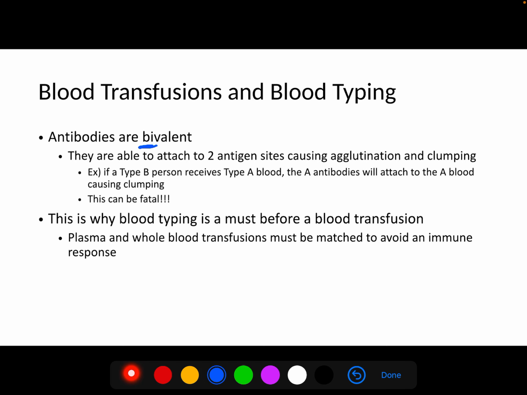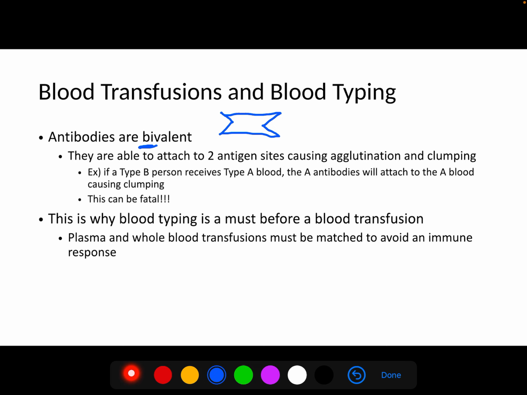So that means that antibodies have 2 sites that they can attach to antigens. So I should have drawn it a little bit more where there were 2 different sites for them to connect. So they're able to attach to 2 antigen sites, and what that does is whenever it starts linking these different blood cells together, it causes that agglutination and clotting or clumping.